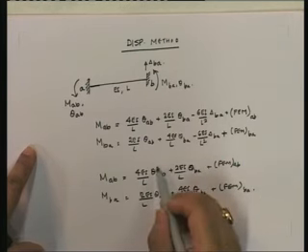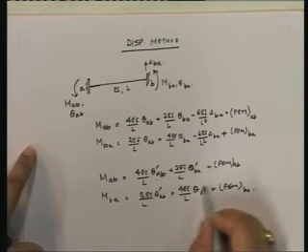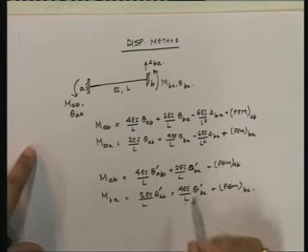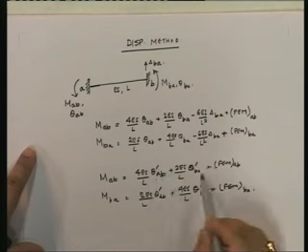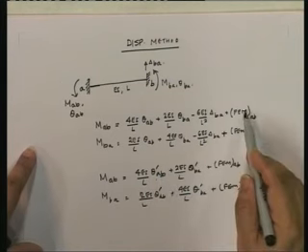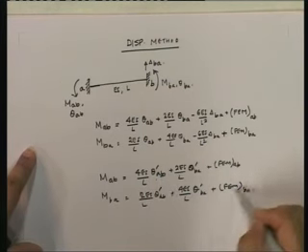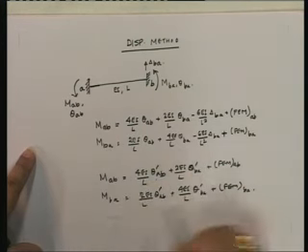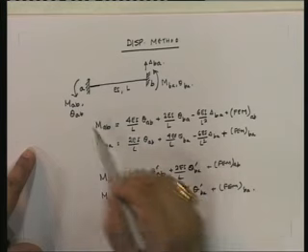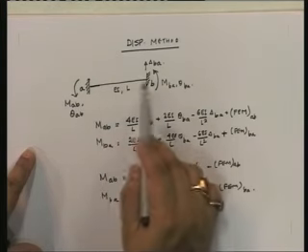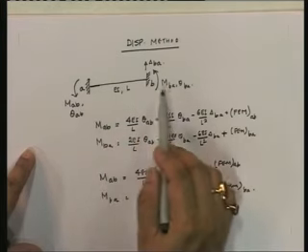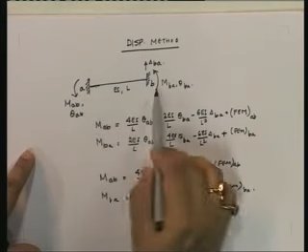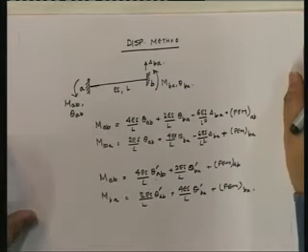Maybe I'll call it theta this way, just to distinguish it from the earlier ones. The fixed end moments here and here remain the same. So these are the two definitions that I have looked at, where you have both MAB and MBA.